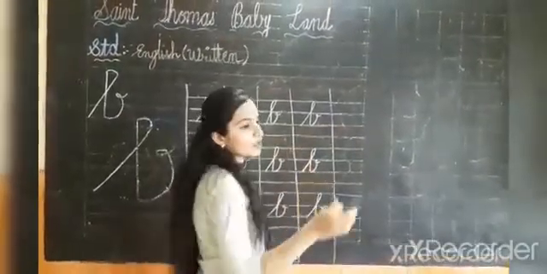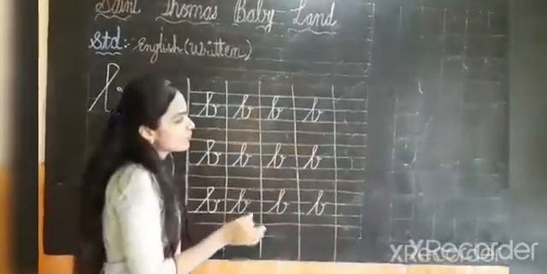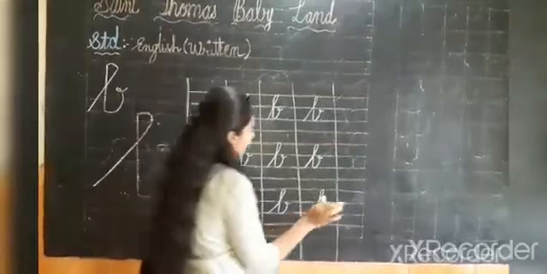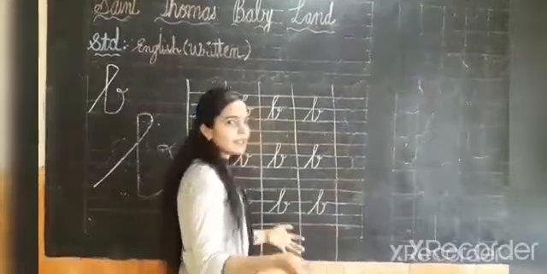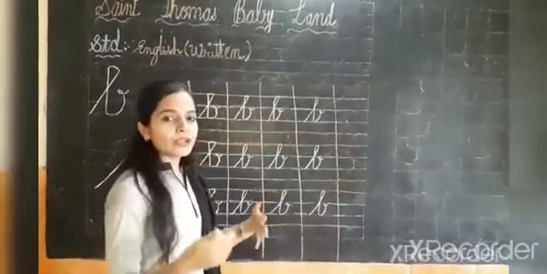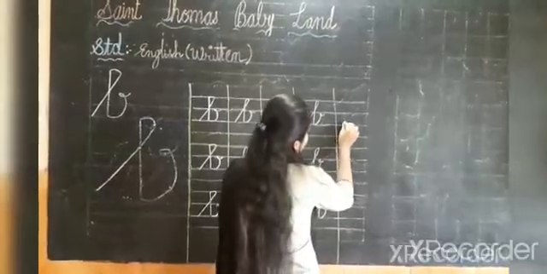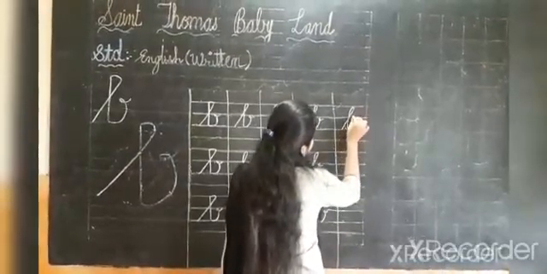So by this you easily remember which letter this is. So for identification it is useful for you. Okay. So when you write any letter, at that time you speak also. So again I write here B.